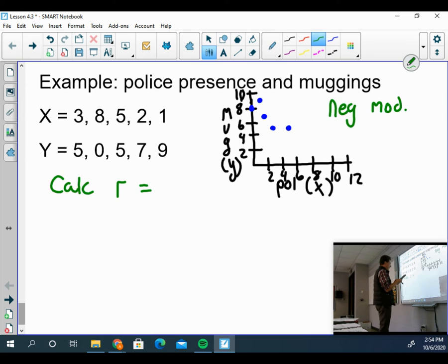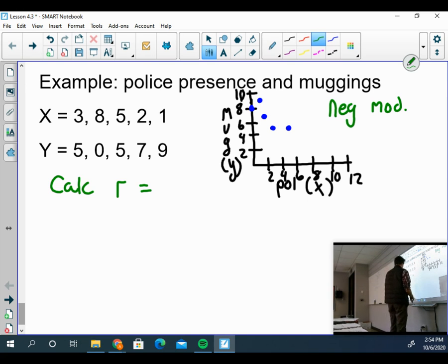So I go to Stat, Edit, and enter the data into two lists. Then I click Stat, go over to Calc, scroll down to number 8, LinReg a plus bx, and enter the lists I use. Again, I'm going quickly, but it's on your formula sheet, third thing down.